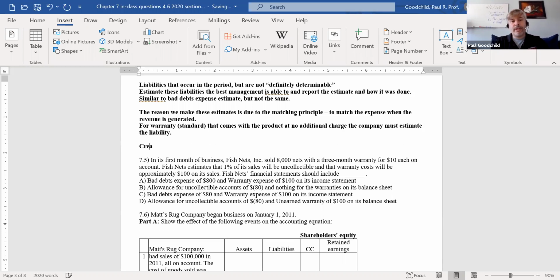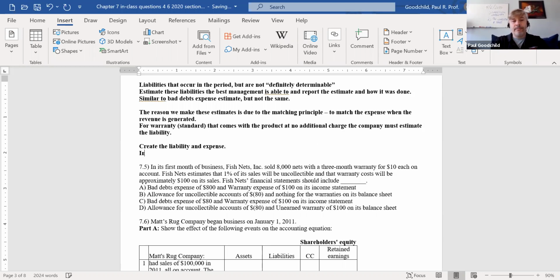And so they'll create the liability and expense. And then in the future, the cash outflow for expense will be charged against the liability, not to a new expense.